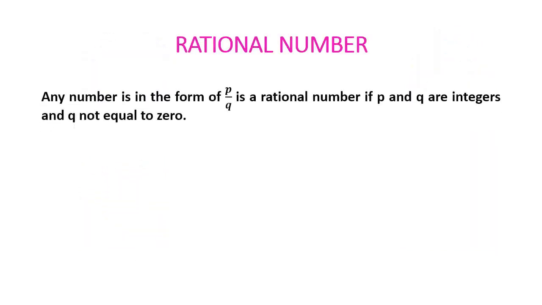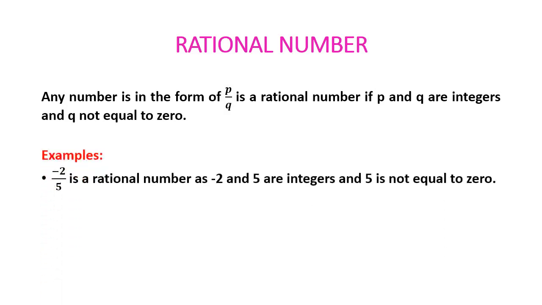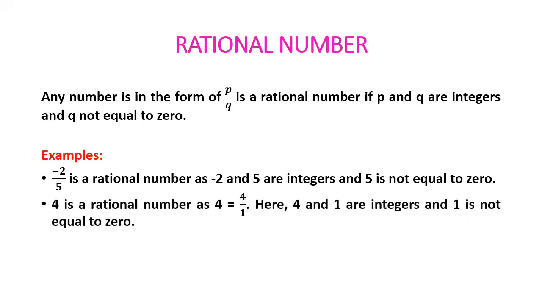Rational number: any number in the form of p by q is a rational number, if p and q are integers and q is not equal to 0. Examples: minus 2 by 5 is a rational number, as minus 2 and 5 are integers and 5 is not equal to 0. 4 is a rational number, as 4 is equal to 4 by 1.